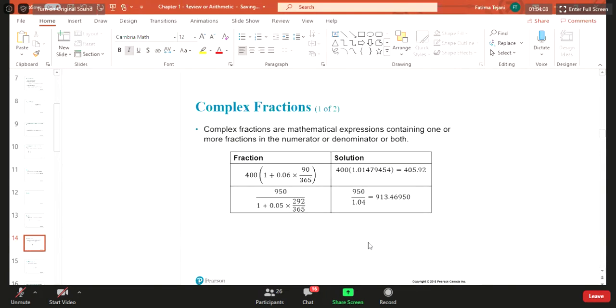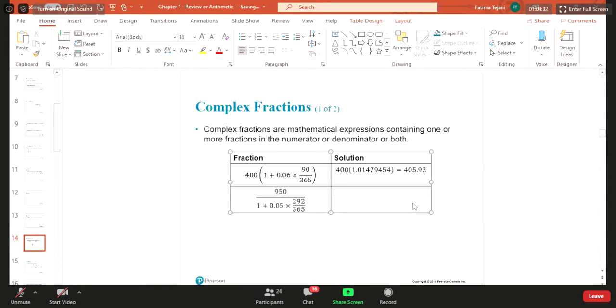950 divided by 1 plus 0.05 times 292 divided by 365. So what's the first thing you try to solve? The bracket first. Do we have any bracket in this? No. So we do the fractions.